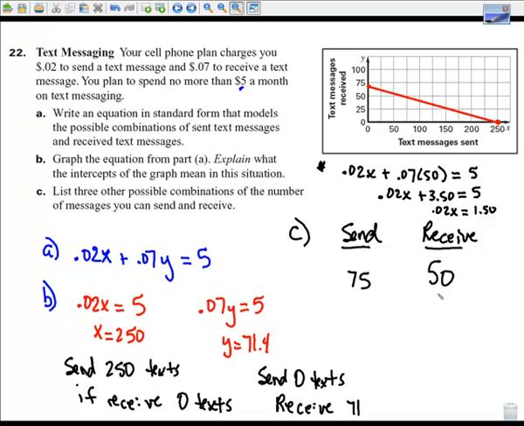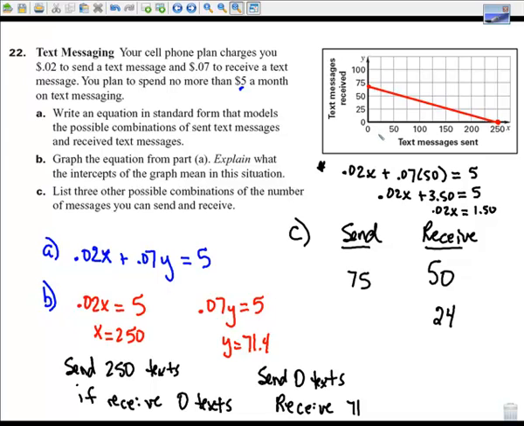So let's do the receiving thing again. Let's say that I just received a weird amount. I'm just trying to think of an amount. Let's try 24. So I received 24, and let's see how many I sent.